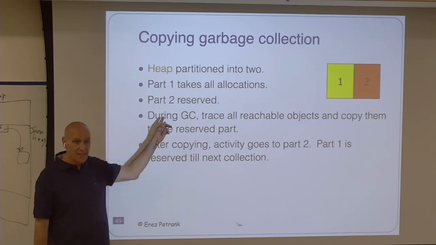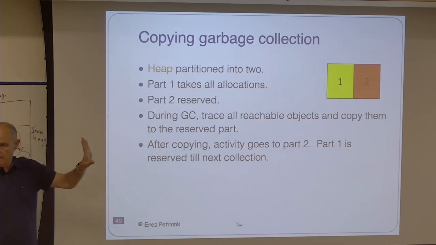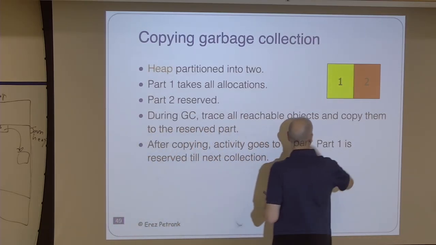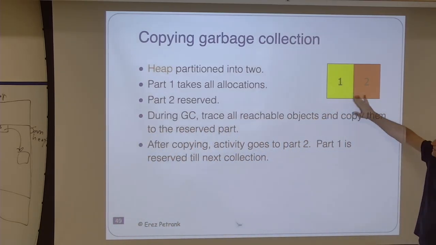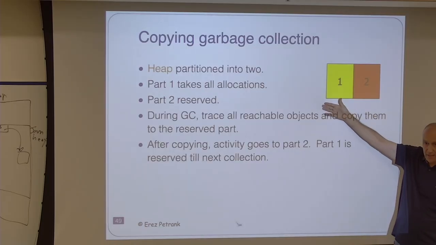Okay. Copying is the third algorithm that is considered classic and is used a lot. Copying partitions the heap into two spaces. Part one, the program works with, and it just allocates everything in here.